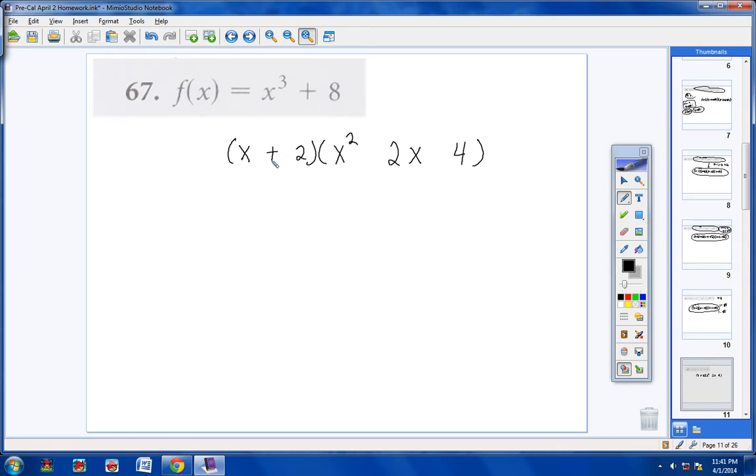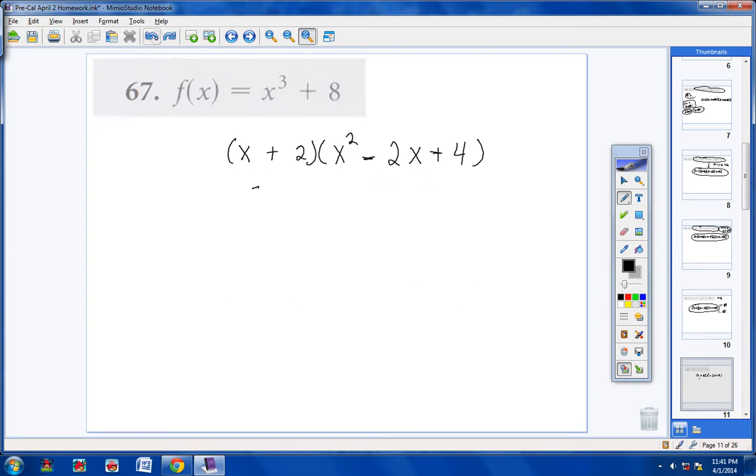Now, whenever there's a positive sign here, the sign sequence is going to go positive, then negative, then positive. We studied that a long time ago, and I know it's not easy to remember all of this, but that is the way you would factor that. So this is okay here. We know the factor for this parentheses was going to be negative 2. But for this one here, you can't factor this.